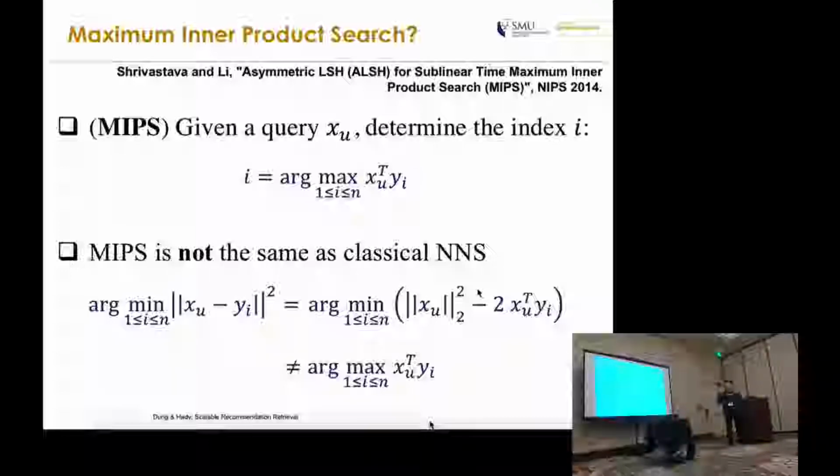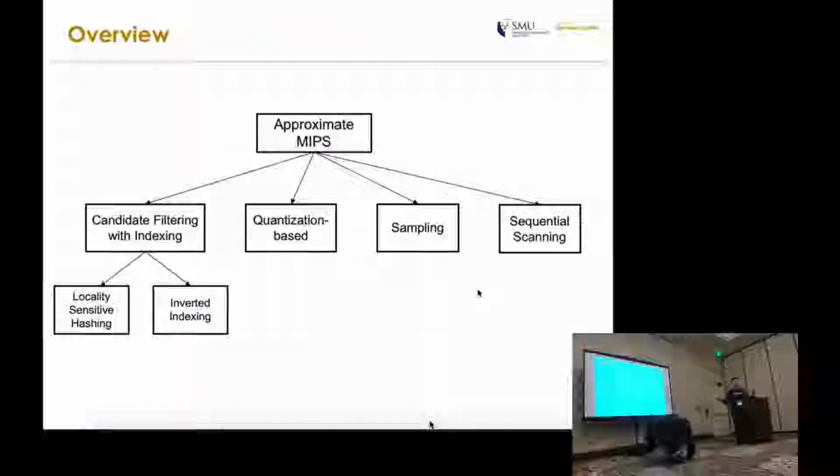So, a quick overview of the possible approaches to solve maximum inner product search approximately. One approach is to narrow down the search space by filtering out candidates before doing the exact inner product computation. This can be done via either locality sensitive hashing or inverted indexing.